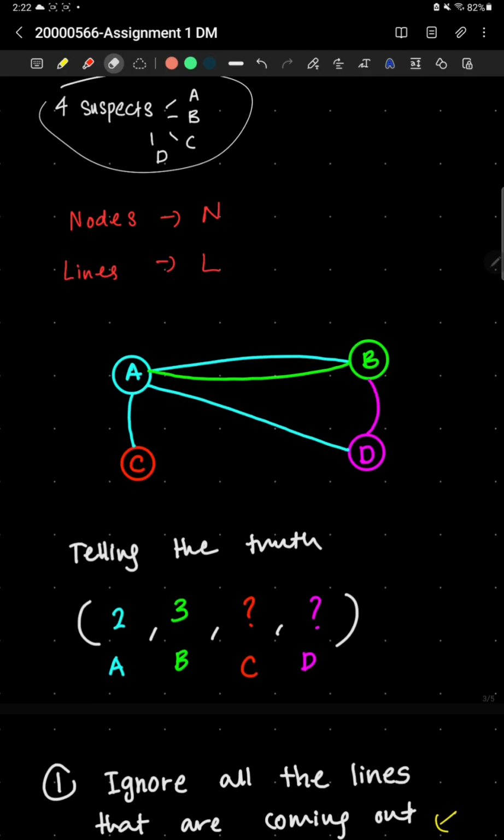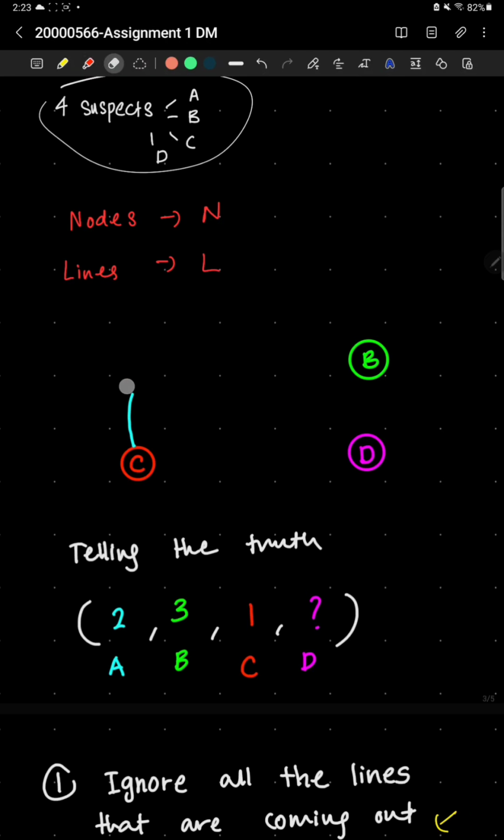Then we ignore all the lines that are not directly connected to C, which is this one, and this one, and this one. So we only have 1 person telling the truth for C.